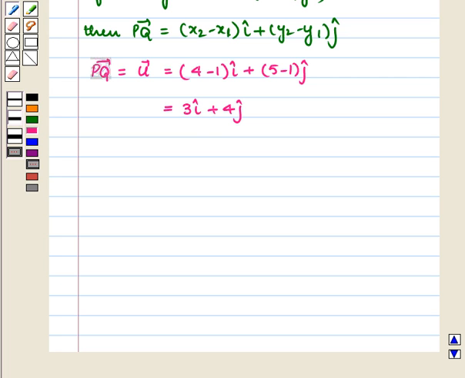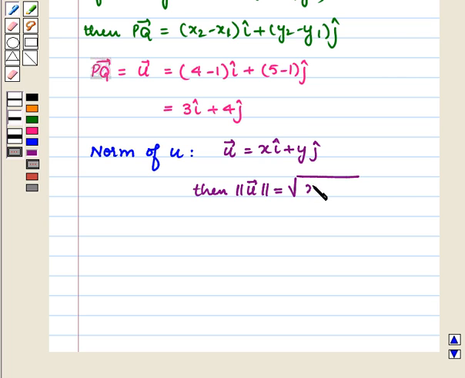Now let us check whether this vector is a unit vector or not. For this we find norm of u. If the vector u is equal to x i cap plus y j cap, then norm of u is equal to under root of x square plus y square.